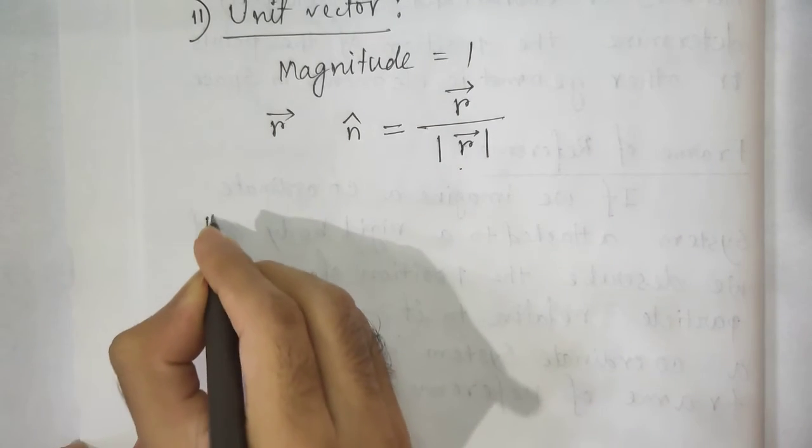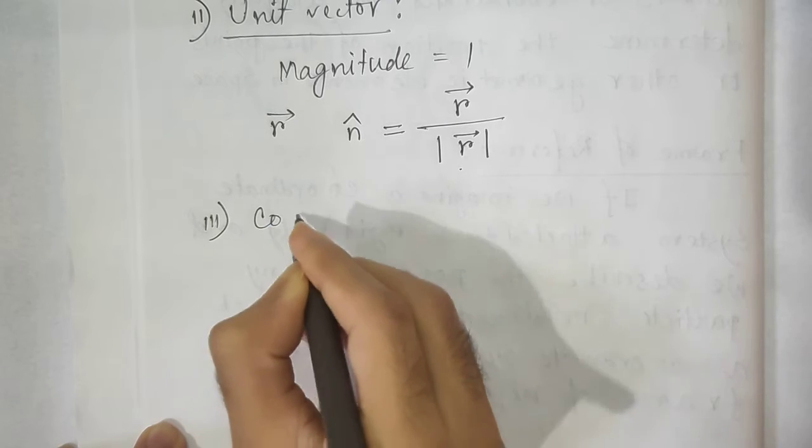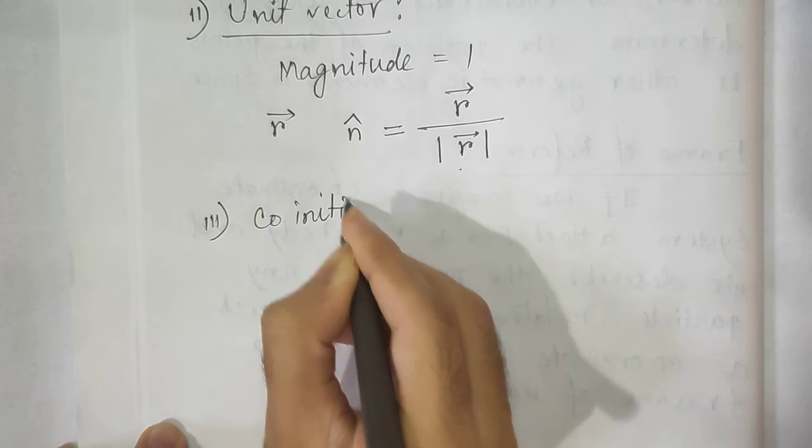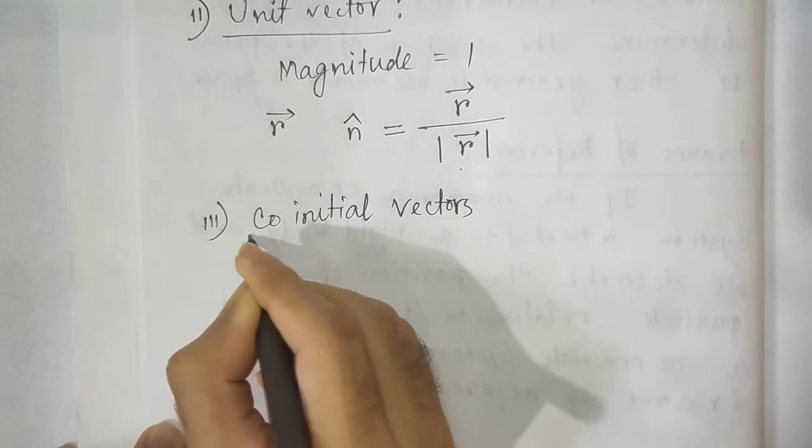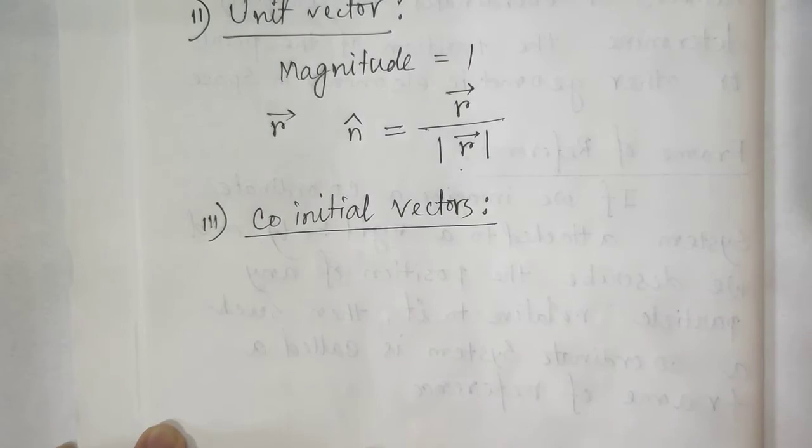Now, number 3, co-initial vectors. What are co-initial vectors?